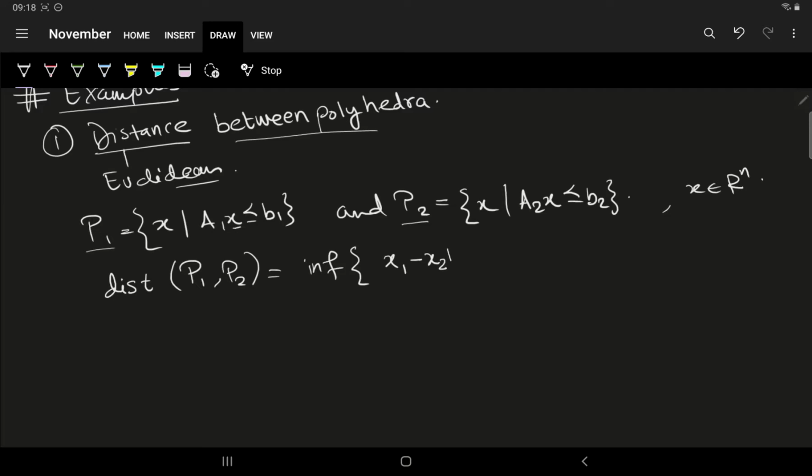The optimal points satisfy the minimum distance between these two polyhedra.